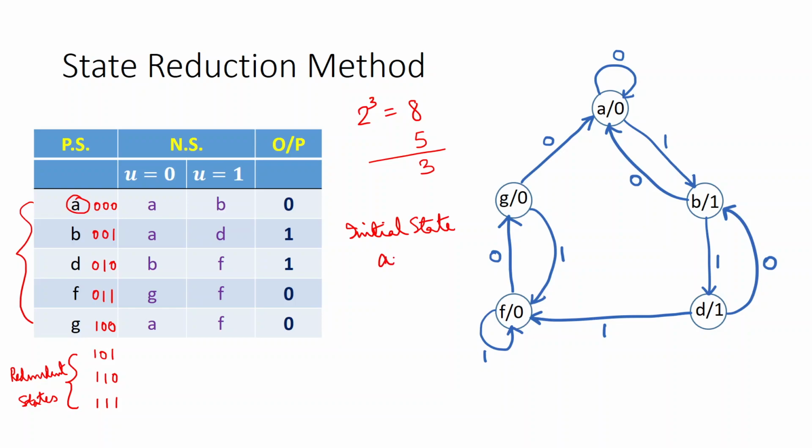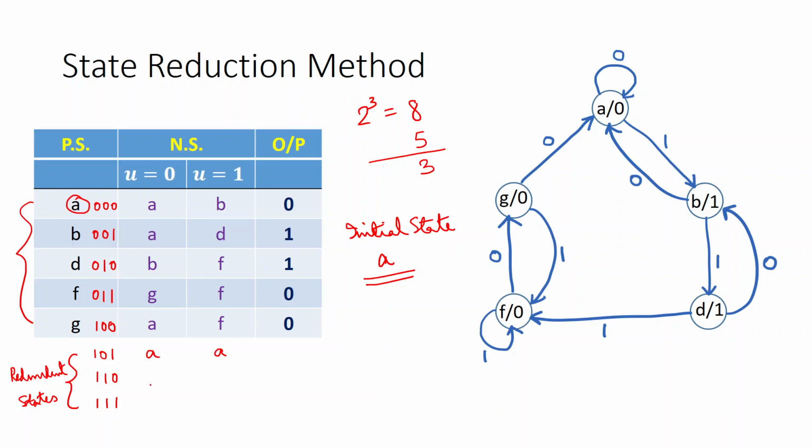Suppose we assign A as the initial state. Normally we define that whenever we come across redundant states, it should go to the state A in the next clock cycle. So whatever be the input, it doesn't matter, it should go to A.